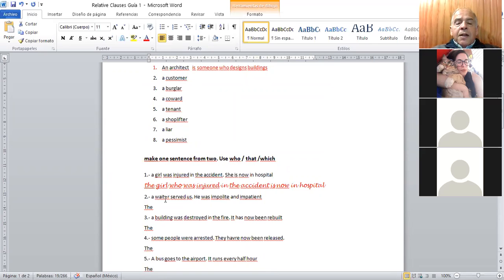Okay, here, a waiter served us. He was impolite and impatient. Gabriela, how could you make one sentence from this using a relative pronoun? Gabriela, are you there? Oh, it seems that she left. Catalina? A waiter served us. He was impolite and impatient. Catalina, are you there? Yes. Okay. How could you make the one sentence?